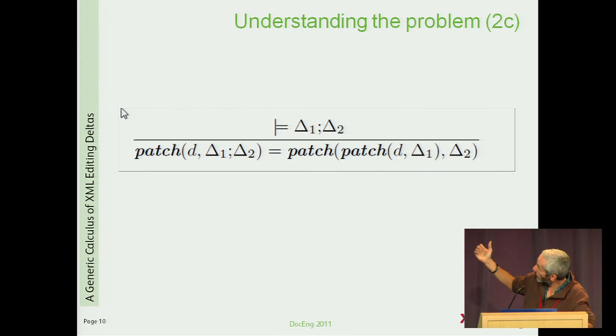And below, you have the definition itself, and it says that the patch operation is defined as the subsequent application of the two deltas. So you apply delta 2 on the result of the application of delta 1. This captures the dependency exactly.